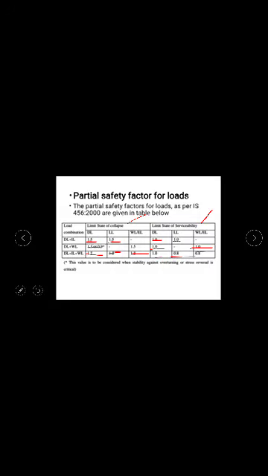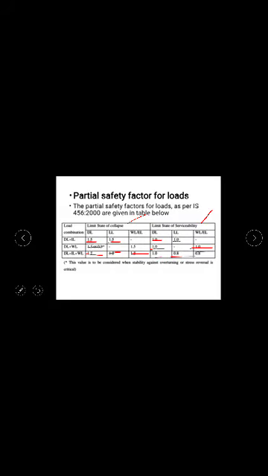So, finally, by concluding, what we understood in this lecture is that reinforced cement concrete is a combination of cement concrete and steel. So, reinforced cement concrete is a material which will be used as structural members. In the structural members, you have various structural members which have to be designed.